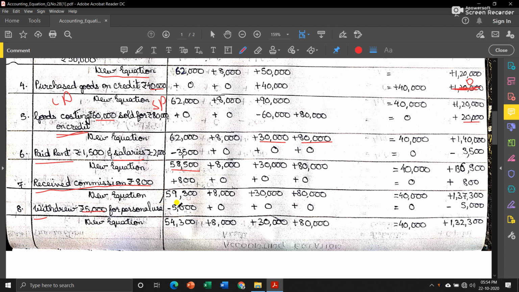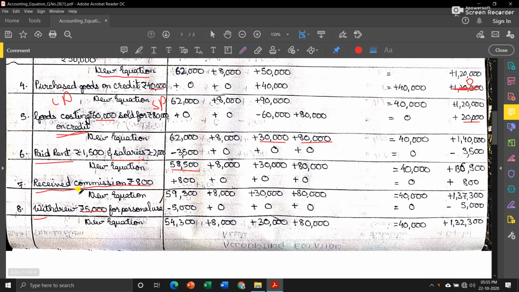Now remember that whenever there is loss in any sale, then we will deduct that loss amount from capital. If there is profit, we will add to the capital. If the owner pays any cash, and in return if he doesn't receive any asset, that also we have to deduct from capital. Okay, like in this case we paid rent, we paid salaries, but we didn't receive any asset in return, so what we did is that we deducted this amount from capital as well.